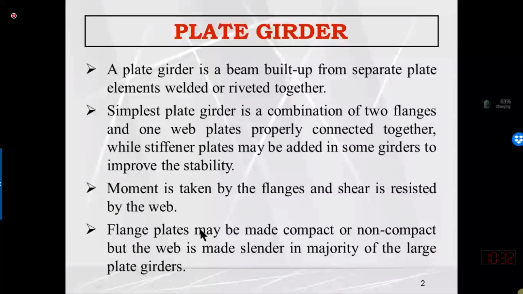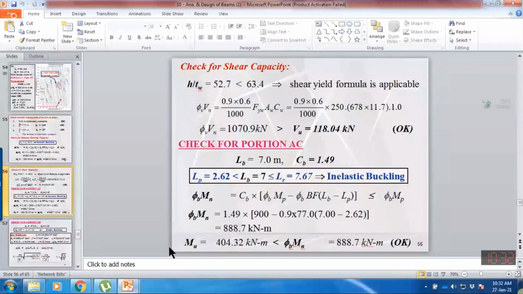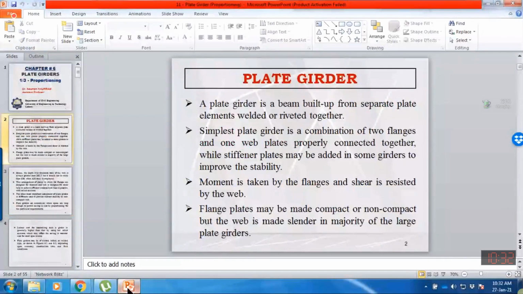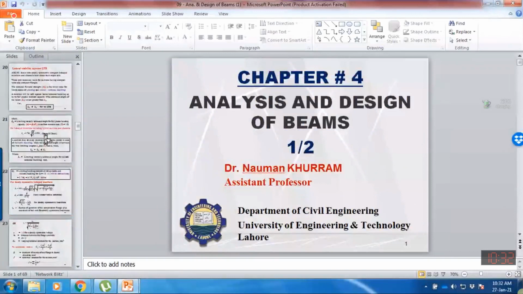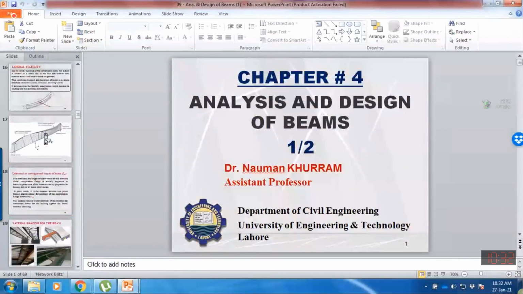When we studied the definition of the compact section in case of the beam, I gave you four conditions, and I will give you the overview again. We studied the four conditions for the compact section.